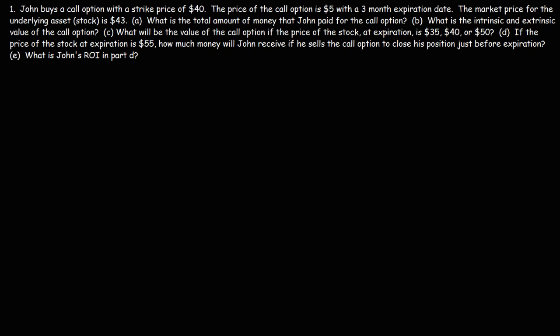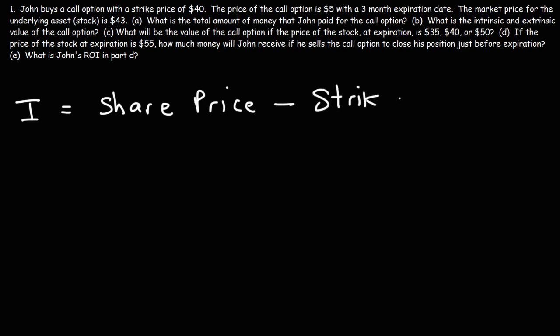Let's move on to part B. What is the intrinsic and extrinsic value of the call option? Let's start with the intrinsic value, and I'm going to use the letter I to represent that. The intrinsic value is the difference between the price of the stock, also known as the share price, and the strike price of the call option.